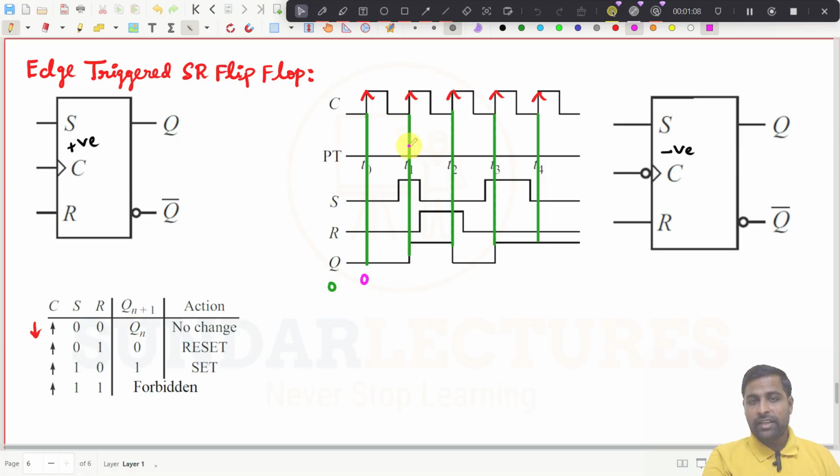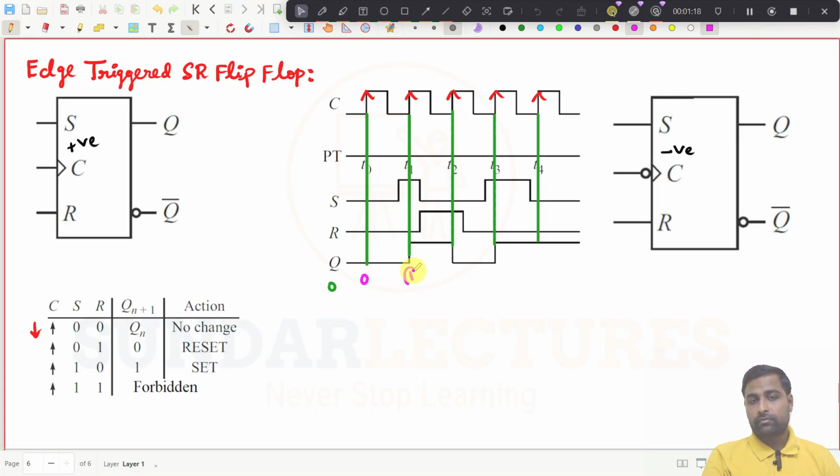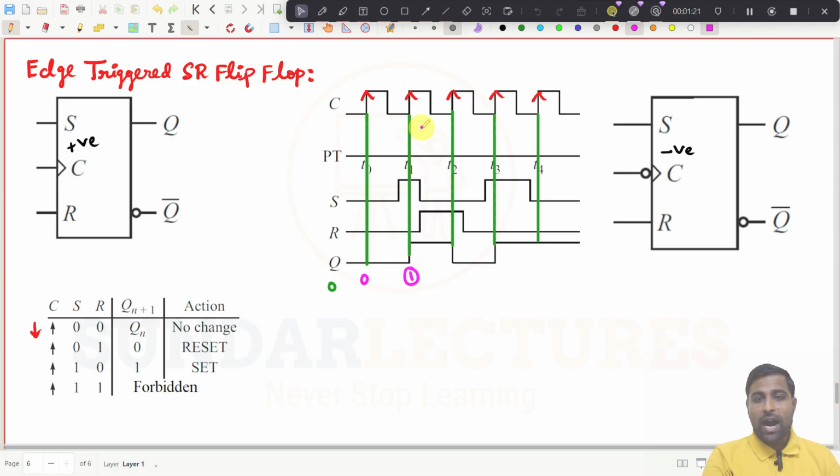So at this instant, see here, S is equal to 1, that means set is 1. So it is a set condition. If it is a set condition, the output becomes 1. Until this point, the output will remain the same.